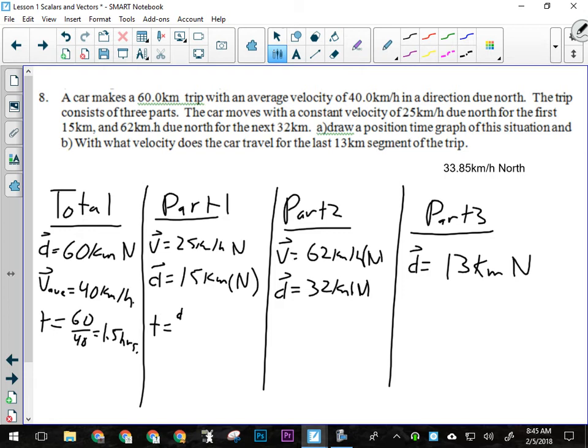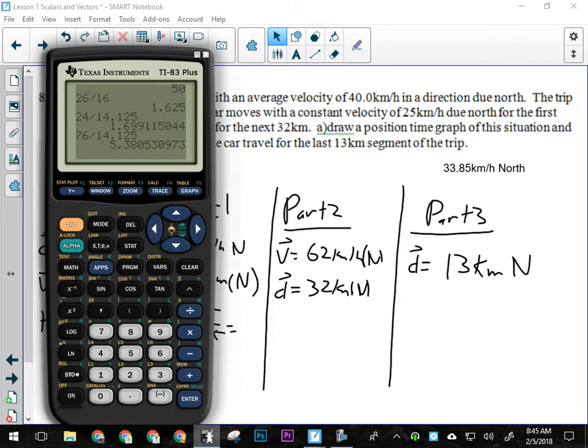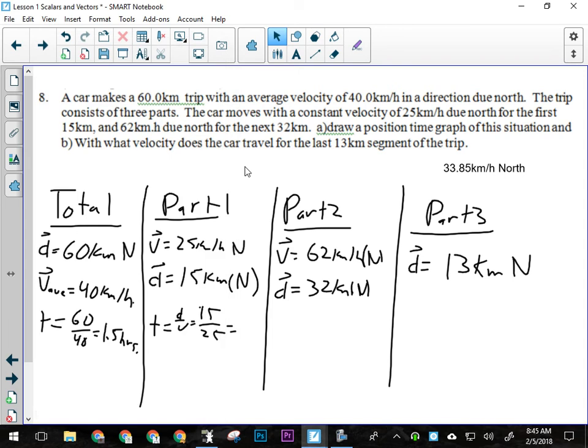So time is going to equal, again, D over V. So that's going to be 25 over 50. Oh, sorry, 15 over 25. Sorry. So it's 0.6 hours for this one. Got to do the same thing here.